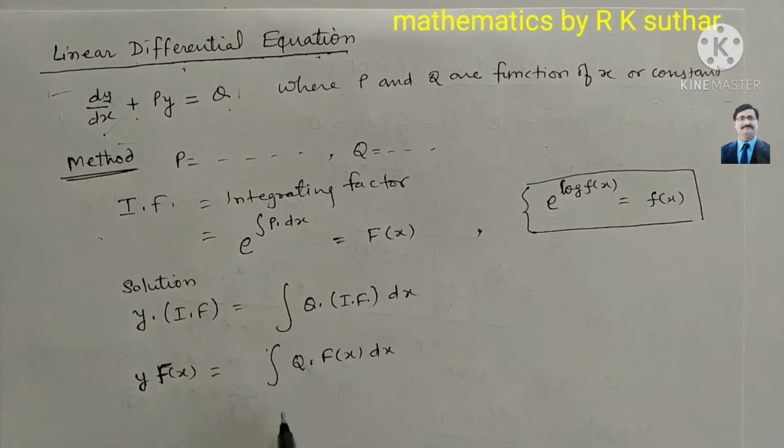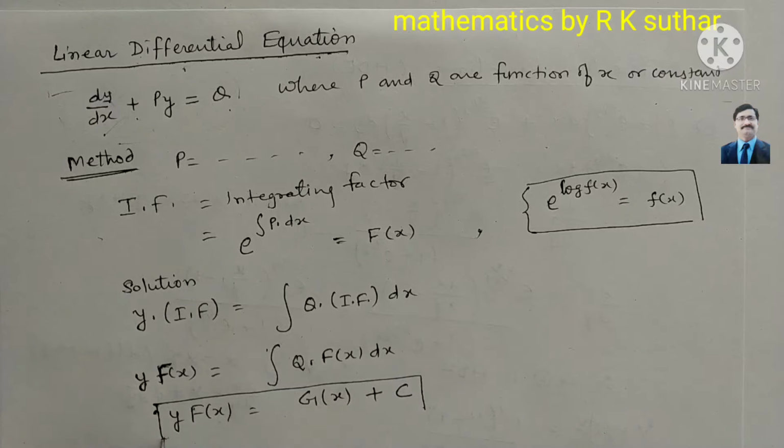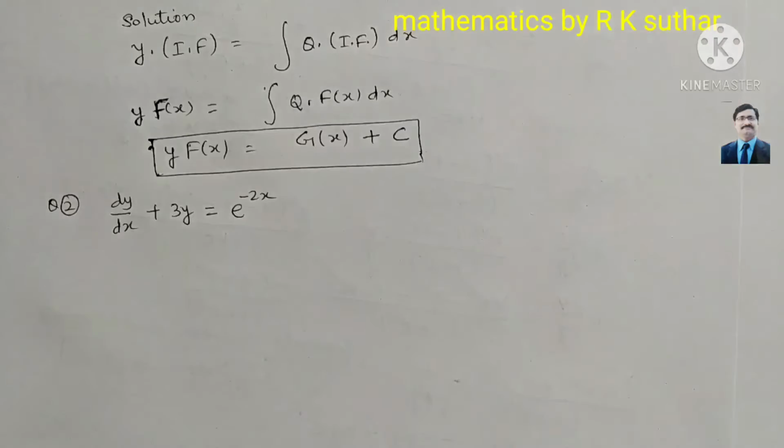You do the integral and get G(x). Then you write G(x) plus c. This is our required solution, and y also you can find here. So this method we use to solve the linear equation.